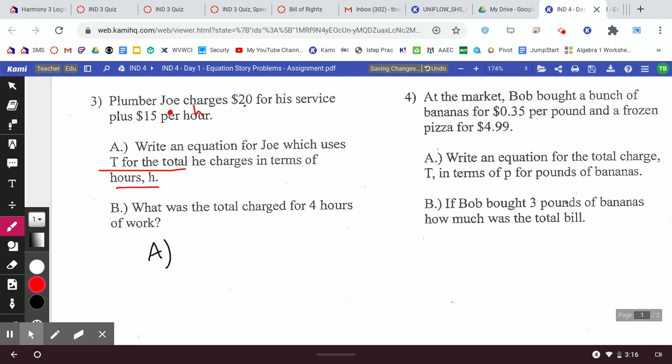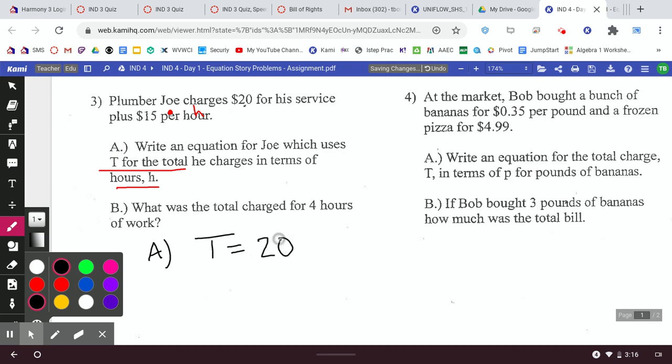So for part A, we've got T equals his flat fee he charges, that $20, plus he charges $15 right here, and then per hour means multiplied by hours or times H. So that's part A. We wrote an equation for T for the total amount he charges, and it's his flat rate plus his hourly rate.